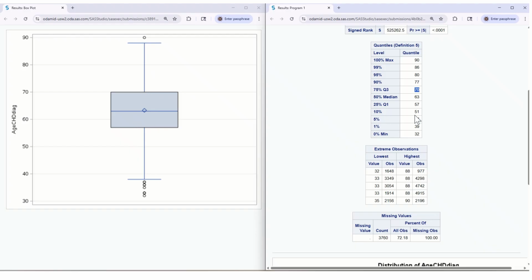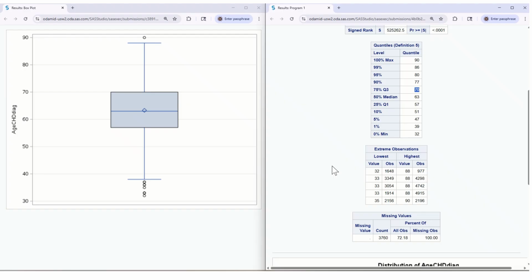They simply are 1.5 times the distance between the 25th percentile, which is 57, and 70. So 70 minus 57 becomes what, 13.